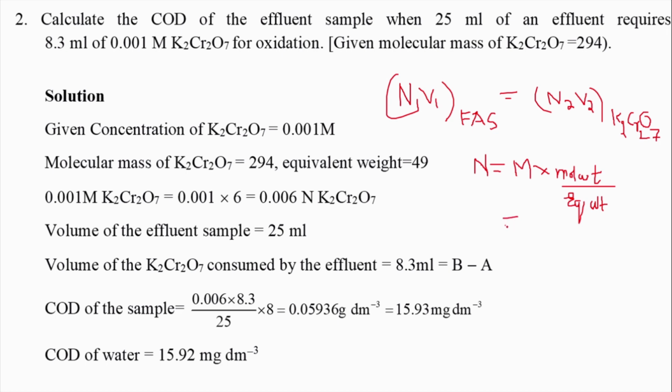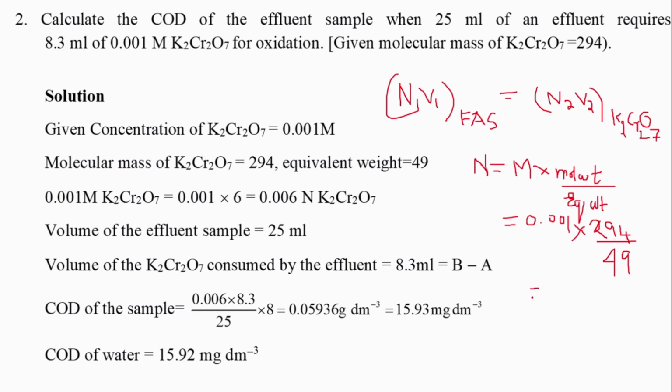Therefore, the molarity is given as 0.001 multiplied by the molecular weight. What is that? 294 is the molecular weight, as given in the problem itself as a hint. And you should know the equivalent weight of K2Cr2O7, that is 49. When you simplify, 294 divided by 49 is nothing but 6.